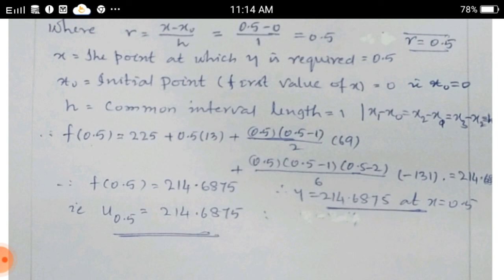You may simplify these using a calculator, it is easy. So we get f of 0.5 is equal to 214.6875. That is the value of y at x is equal to 0.5. Therefore, u of 0.5 is equal to 214.6875.